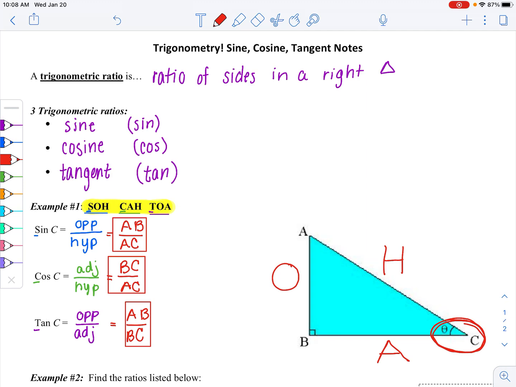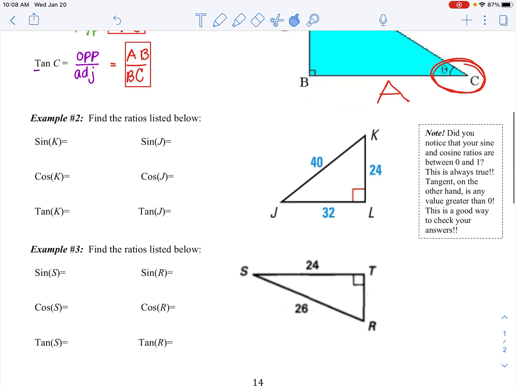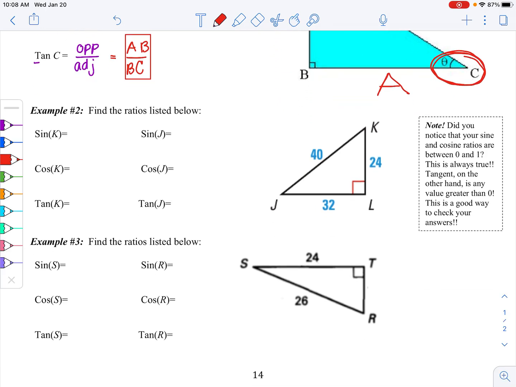Now let's try it with some numbers. So let's head down to example 2. Notice for the first set right here, the angle of focus is angle K. So that's what I'm going to do. I'm going to look at K as my angle of focus, label my opposite side, my adjacent side that touches the angle, and then my hypotenuse.